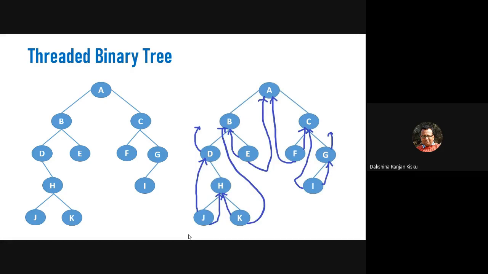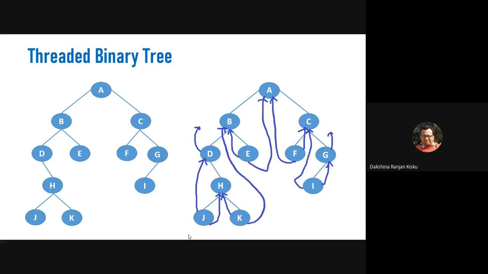Similarly, if we look at the node G, node G has the left child I, but there is no right child. Therefore, the in-order successor of node G is found to be empty, because G is the last node in the in-order traversal sequence, and D is the first node in the in-order traversal sequence.